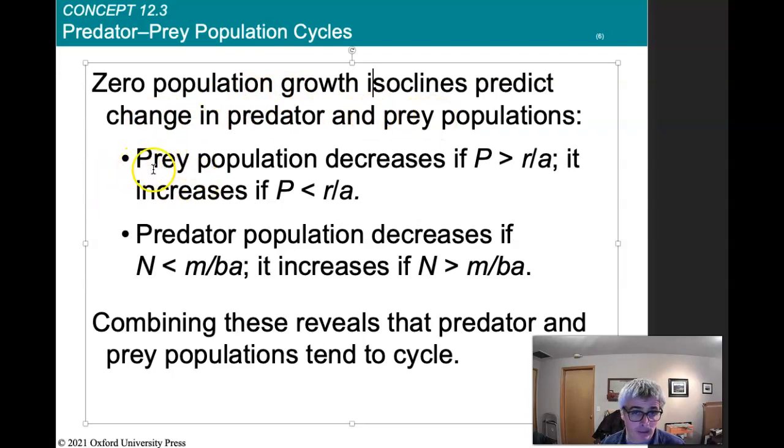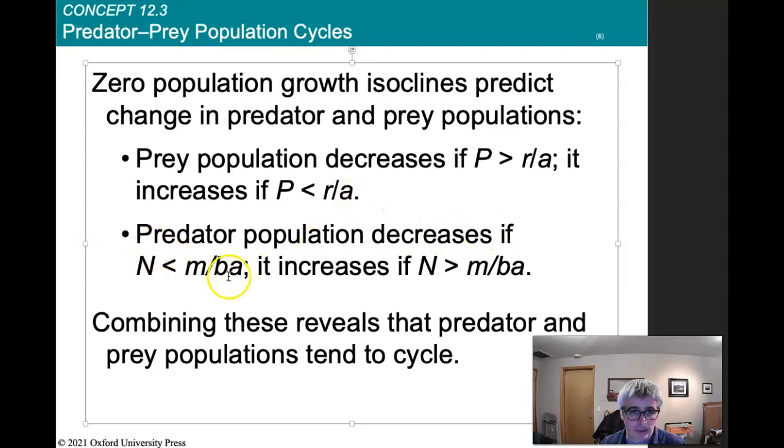Okay, the prey population decreases if the predator population is greater than R, which is the growth rate for the prey, divided by A, which is the efficiency. So population increases if the growth rate is greater than the catch rate. It decreases if P is greater than the growth rate divided by the capture efficiency.